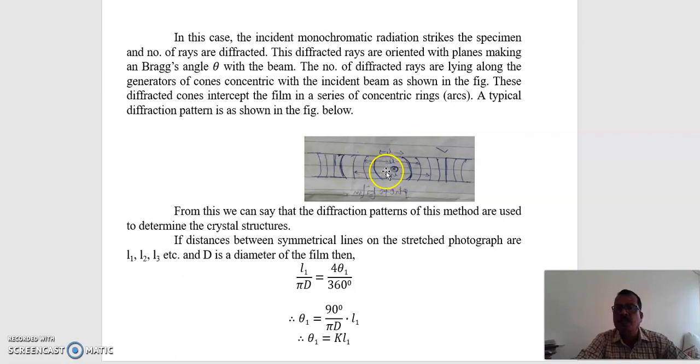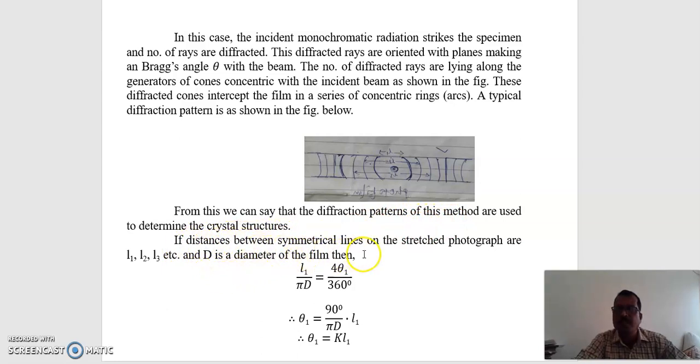This is the center. The distance between the first two arcs is, suppose, L1, the distance between the second arcs is L2, and the distance between the third arcs is L3. From this we can say that the diffraction patterns of this method are used to determine the crystal structures.